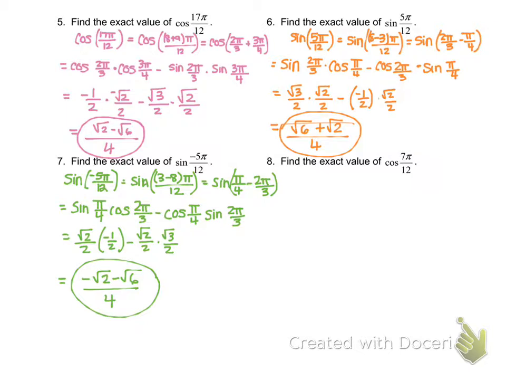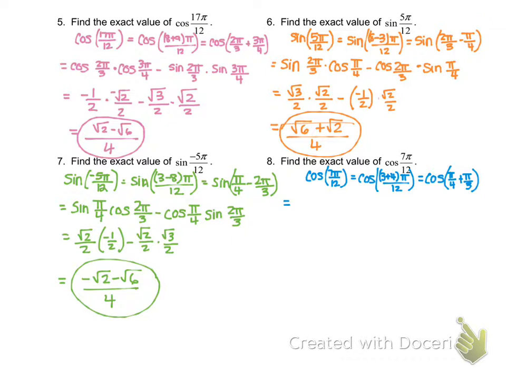Okay, so for 7 pi over 12, I'm going to do 3 and 4. So this gives us cosine of pi over 4 plus pi over 3. So this is the sum formula. Sorry about that.